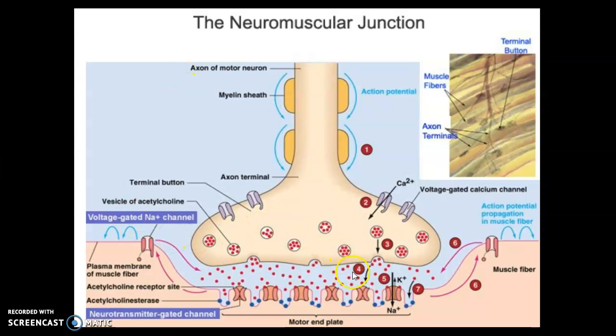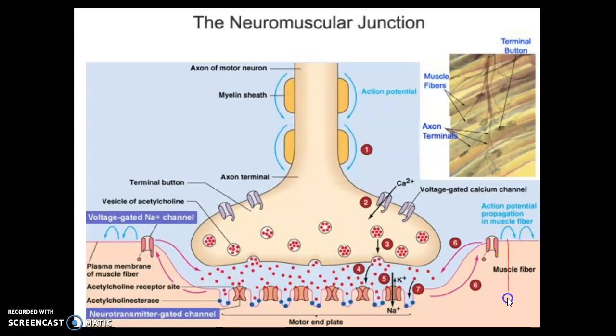So talking about ACh coming down here, binding to these ligand-gated sodium channels, sodium rushes in, we reach the threshold potential, then we have voltage-gated sodium channels that open. And something that you could potentially draw here, let me get a little pen, I'm going to draw it over here.